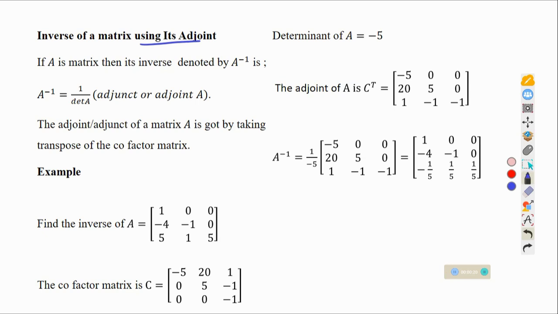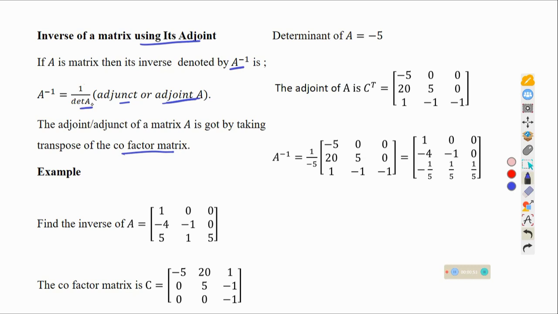To get the inverse of a matrix, denoted A to the power negative 1, we shall be using this relation: A inverse is 1 over the determinant of the given matrix times the adjoint of the matrix A. And to get this adjoint, we take the transpose of the cofactor matrix.